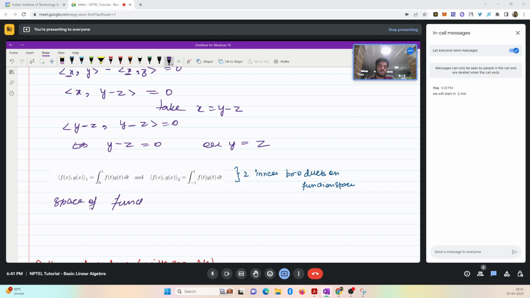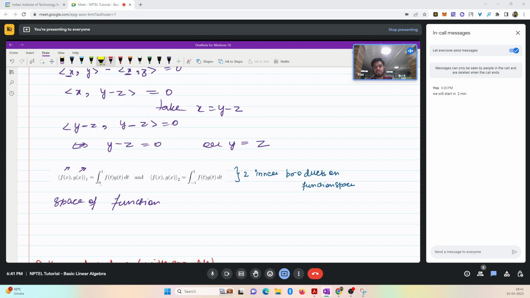functions. So if you have f(x) and g(x) to be two functions, its domain must be between 0 to 1, right? Then you can define the inner product as integration of f(t) into g(t) from 0 to 1.